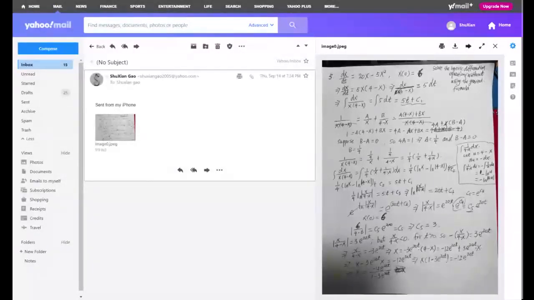We take e of both sides, so the ln cancels. The left-hand side is x over (4 - x) equals e^(20t) times e^(c4). I call e to the c4 a constant c5, so we get c5 times e^(20t).